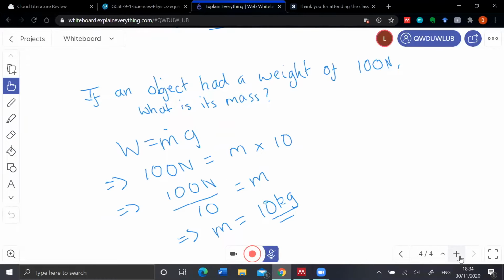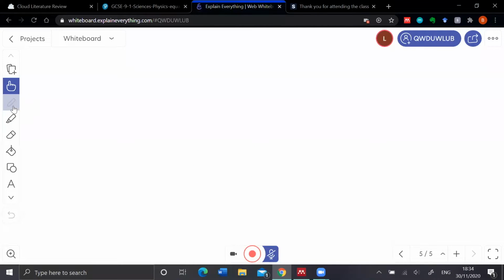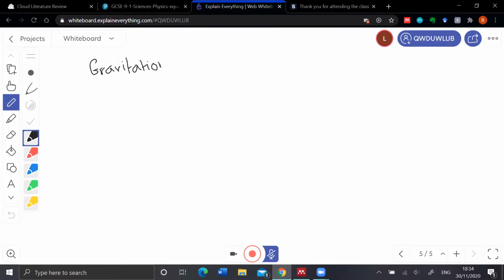Let's have a new whiteboard. Right, gravitational potential energy. I've seen this a lot in exams. So gravitational potential energy, or GPE, equals mg delta h.